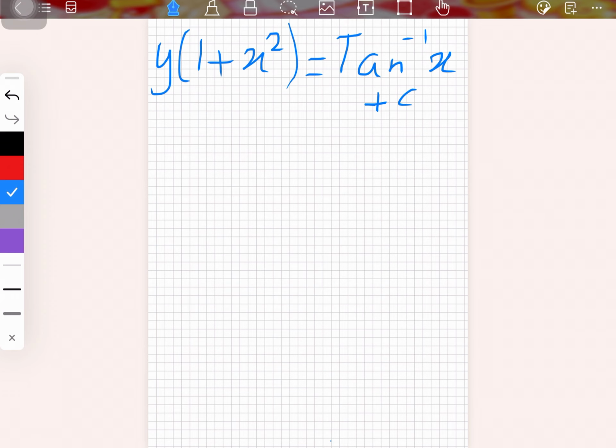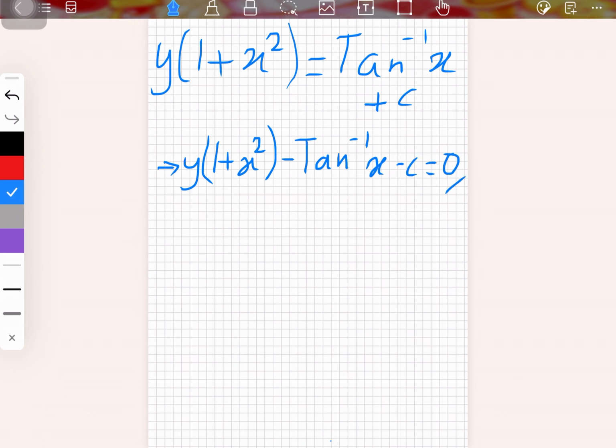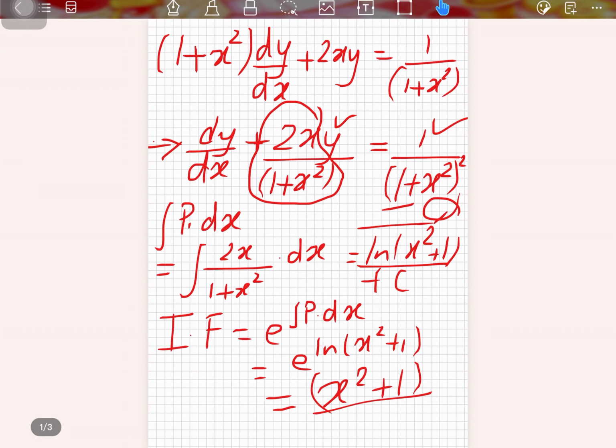If you want to take everything to the left hand side, then you can write it as y times 1 plus x square minus tan inverse x minus c is equal to 0. So there you go. This is the final answer to this question. I don't think there is any difficulty in this question. It didn't require a lot of extra knowledge.